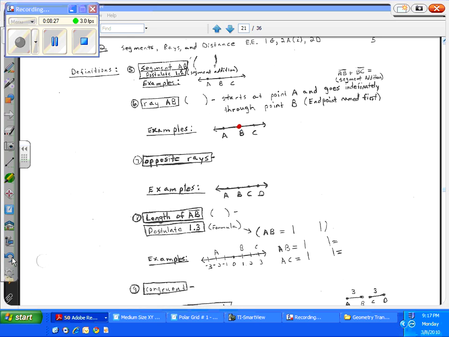And so if I have a point B somewhere, and there's a ray that goes to the left from point B on a line, and a ray that goes to the right of B, I did that backwards, I know, to the left and to the right. From point B, we call those opposite rays. So opposite rays are rays that have a common endpoint and go in opposite directions.